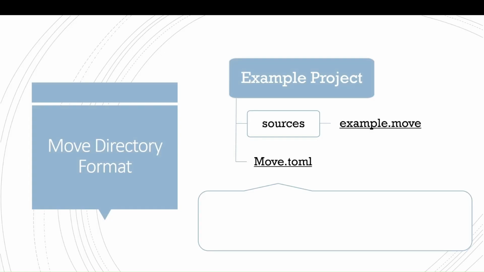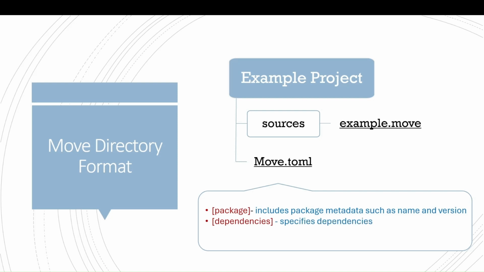A Move.toml file is a manifest file that contains metadata such as name, version, and dependencies for the package. It is usually split into 3 sections. Package includes package metadata such as name and version. Dependencies specifies dependencies of the project. Addresses, which lists out the address aliases.